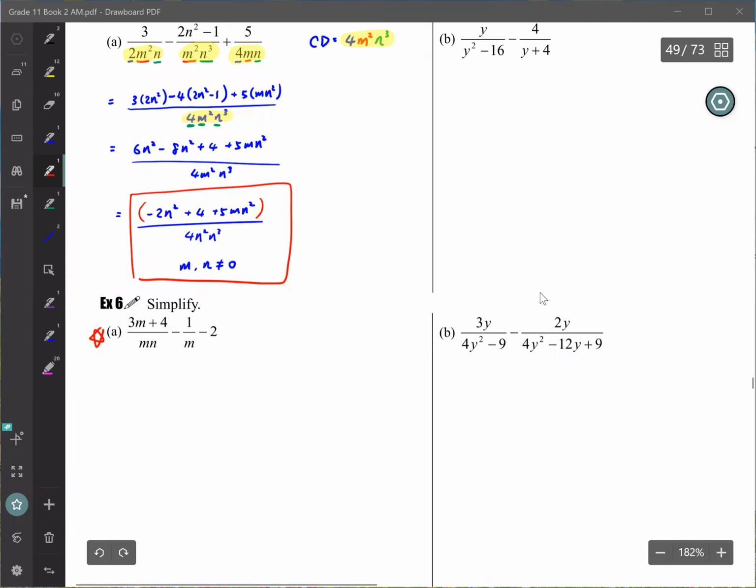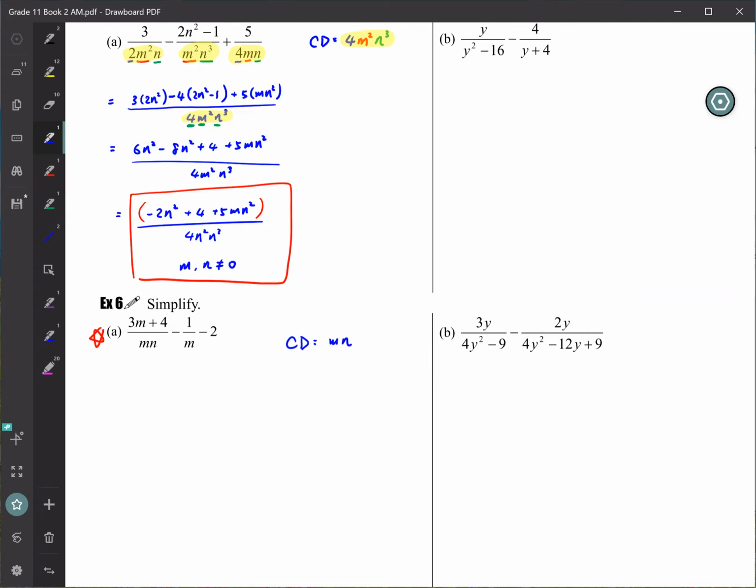If anyone has a question, you can let me know. Let's double check on the common denominator first. Colin, what's the common denominator for 6a? MN. Yep, very good. Make sure you get the common denominator correct first. Raise your hand when you finish.